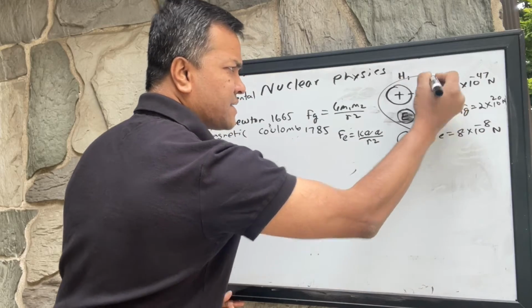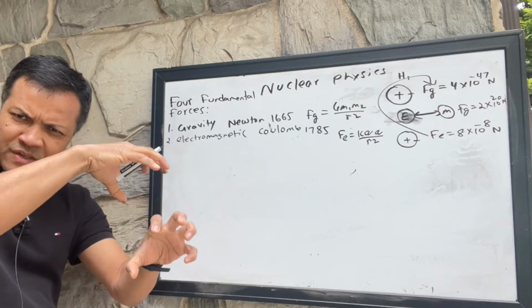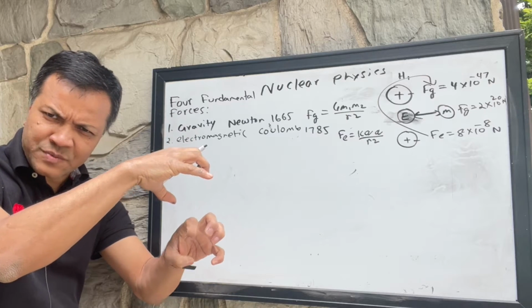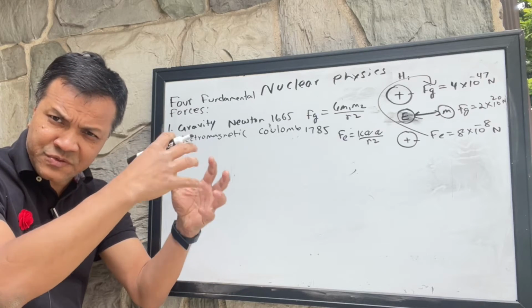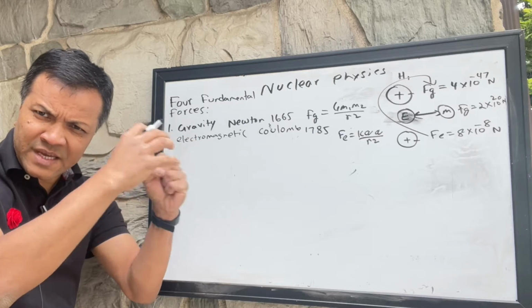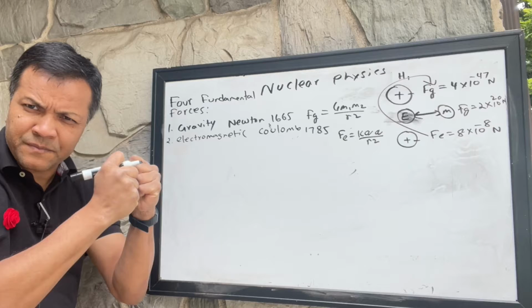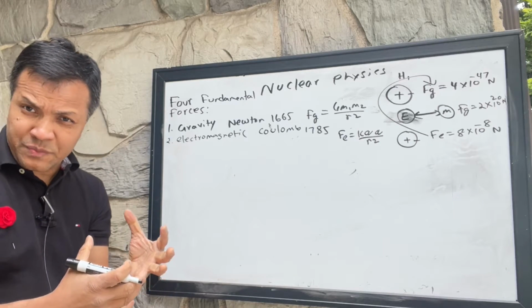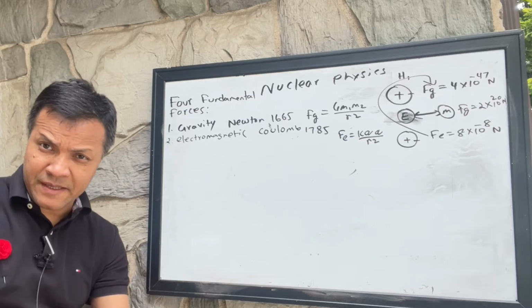If you compare the gravitational force between the electron and proton in a hydrogen atom and the electrostatic force between the electron and proton in a hydrogen atom, you see that the electrostatic force between electron and proton is 39 times bigger. Now let's see the electrostatic force between the moon and the Earth.